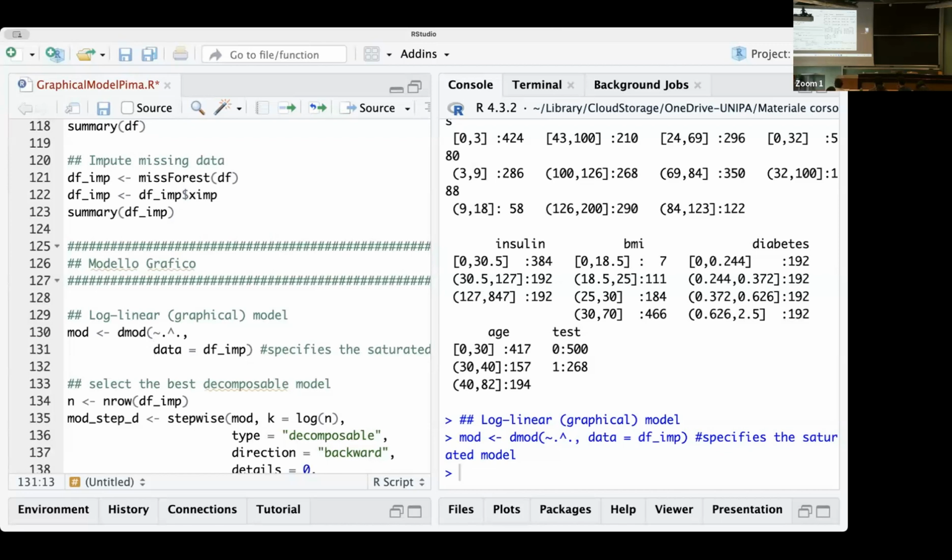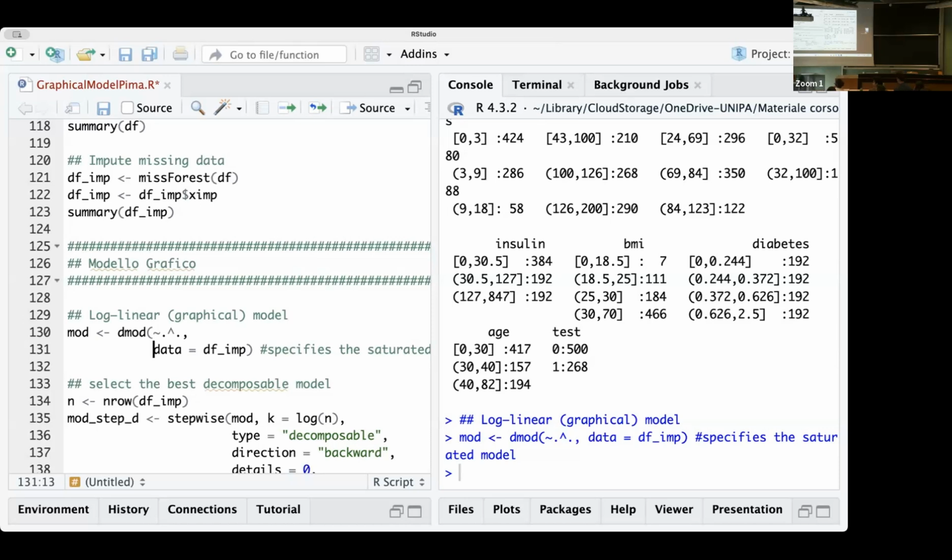You are quite okay. But if you get a lot of variables, even if you have a lot of data, then you will be in trouble because you have sparse tables. And for non-decomposable models, you cannot be sure about some properties.